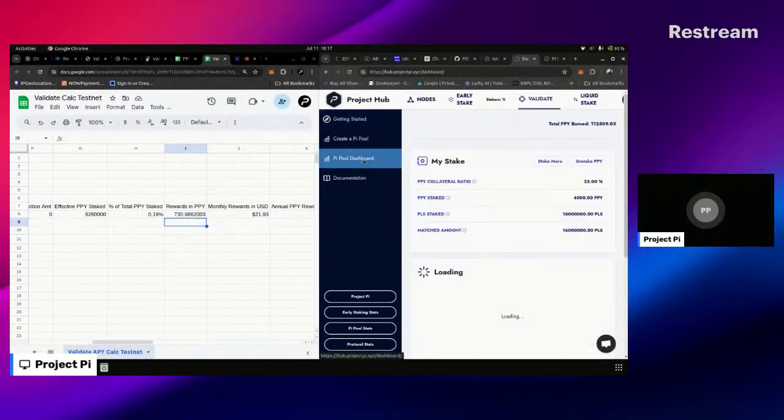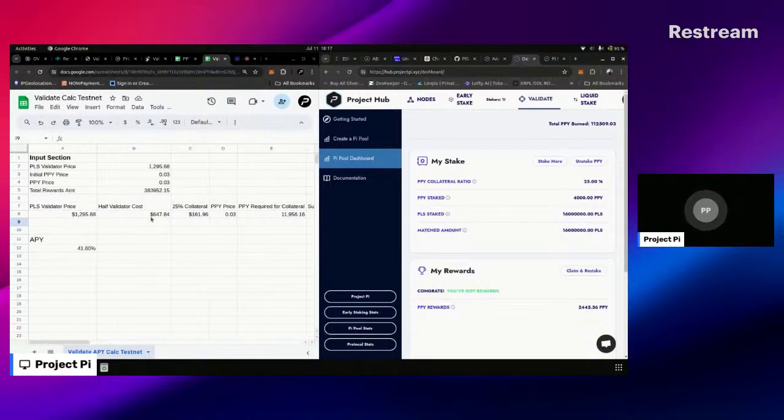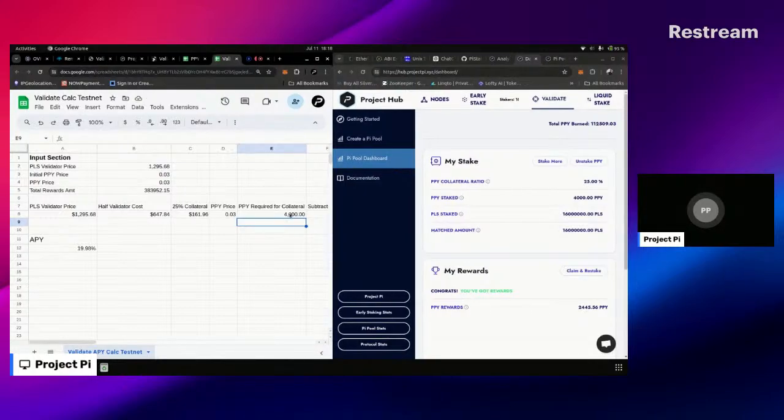Let's see if I go to this dashboard here, the 25% collateralization, this person actually just put in 4,000 PPY. So if I was to take this value here and turn this to 4,000 and press enter. So even at the very lowest, it shouldn't get this low, but if it does get fairly low for 25%, it's possible.